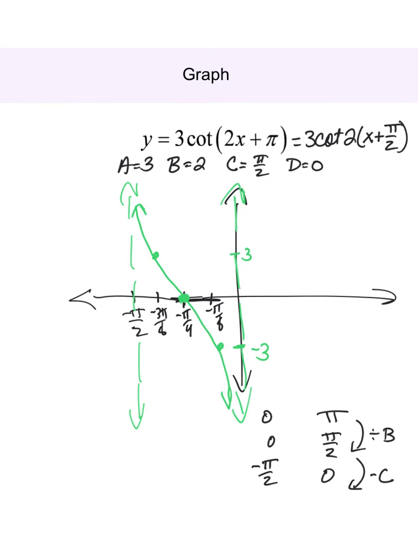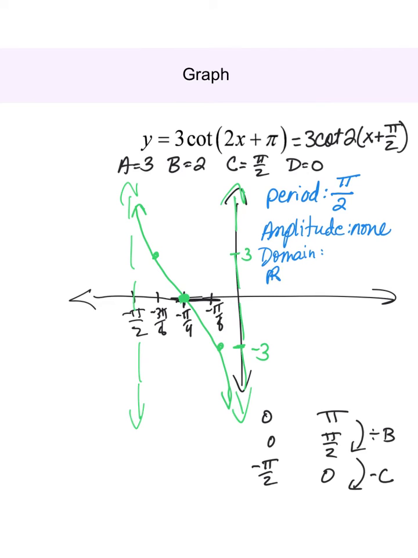My period is the period of my non-transformed graph, or my parent function for cotangent, pi divided by b. So my period is pi over 2. The amplitude is none. The domain is everywhere except where there's an asymptote.